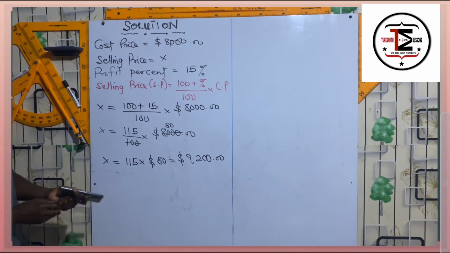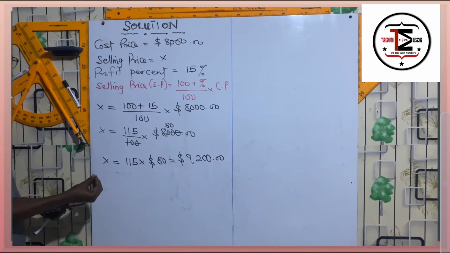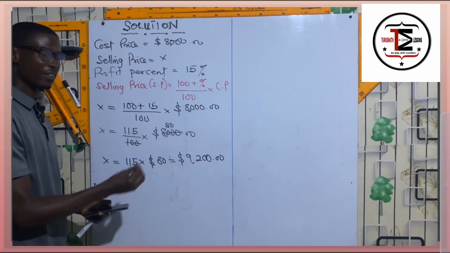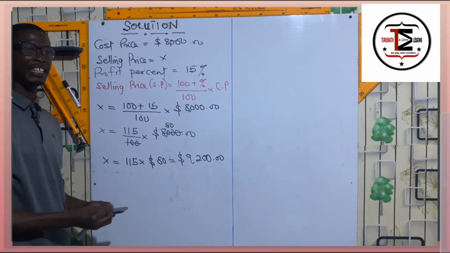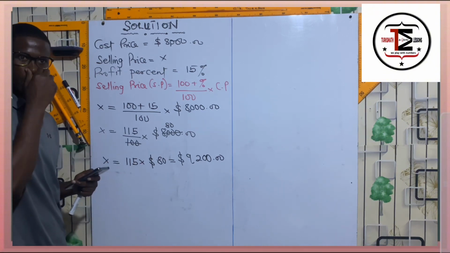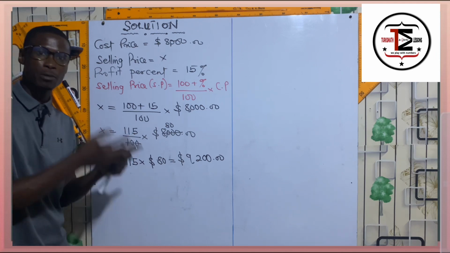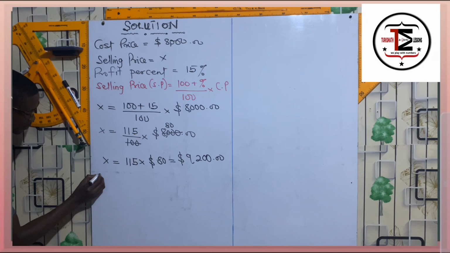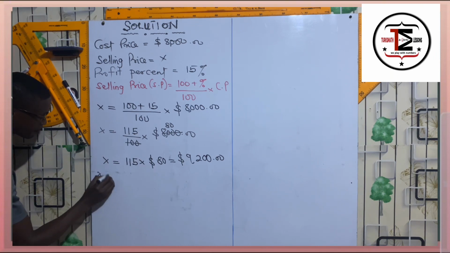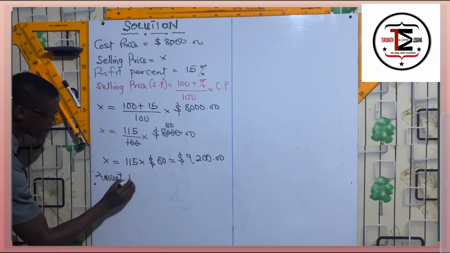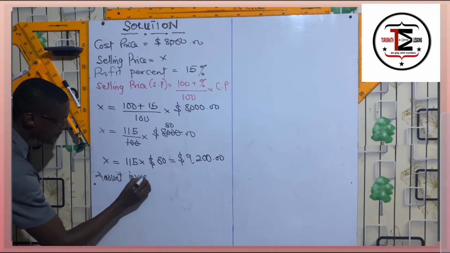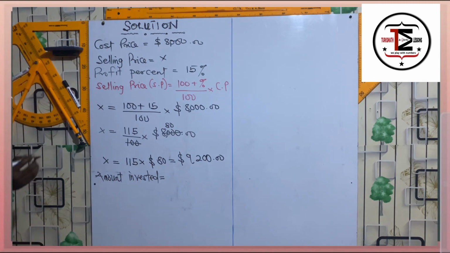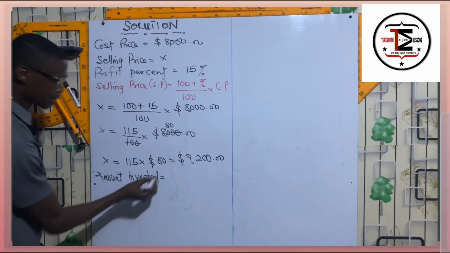Now the question continues to say that he spent 4,550 and invested the rest. So we need to get the amount invested. Amount invested here equals this amount.